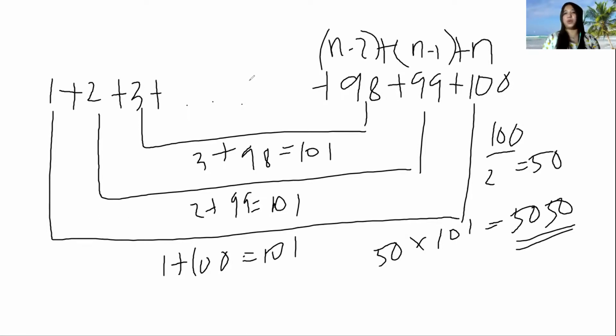What is now the general formula for our triangular number? Let's replace 100 with n. So it is 1 plus n. 2 plus 99 is simply 2 plus n minus 1.